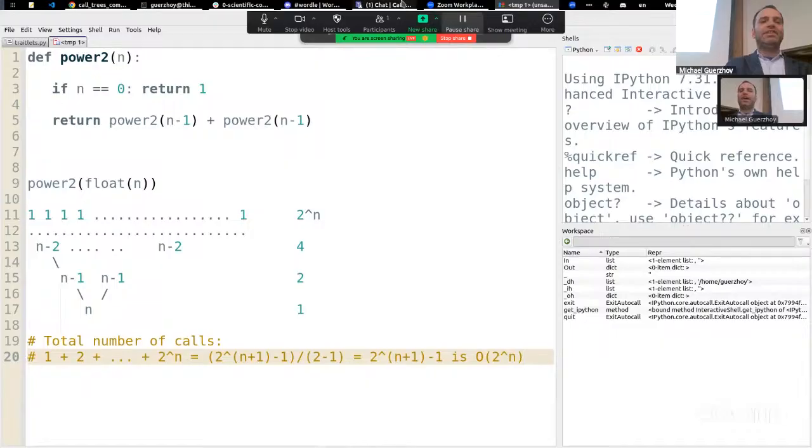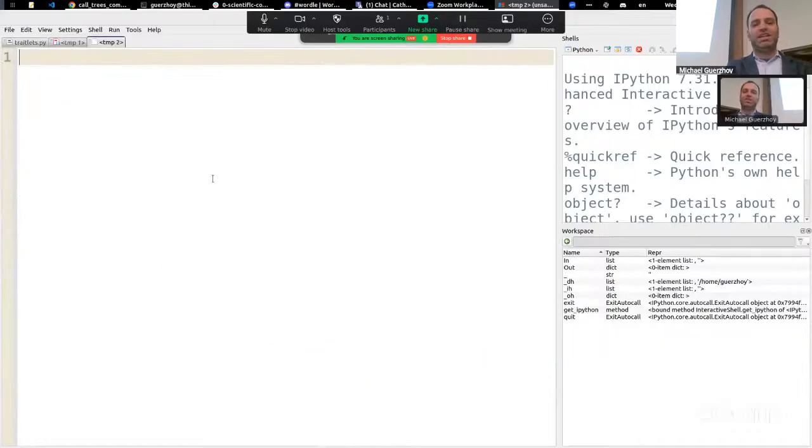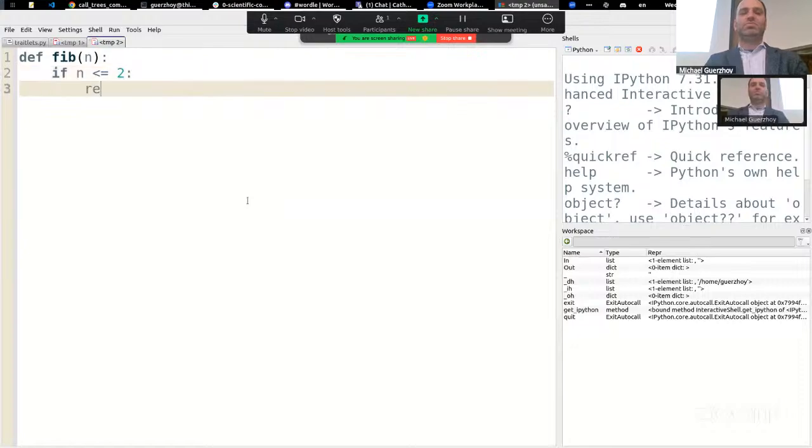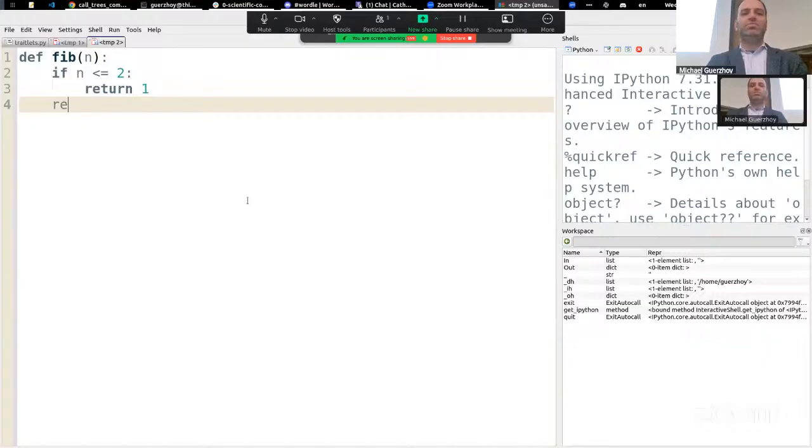All right, so that's that. I want to go now to something that's a little bit different or a little bit the same, depending on how you analyze it yesterday. And that's the Fibonacci one. So we'll say if n is smaller or equal to 2, return 1. Otherwise, we return fib of n minus 1 plus fib of n minus 2.